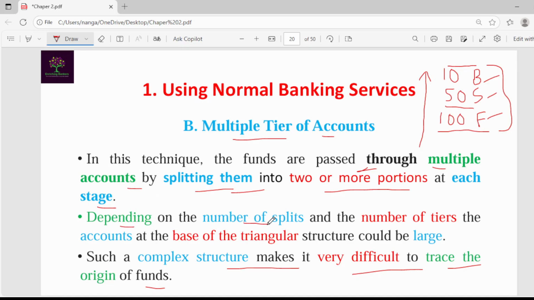Depending on the number of splits and the number of tiers, the accounts at the base of the triangle could be large.